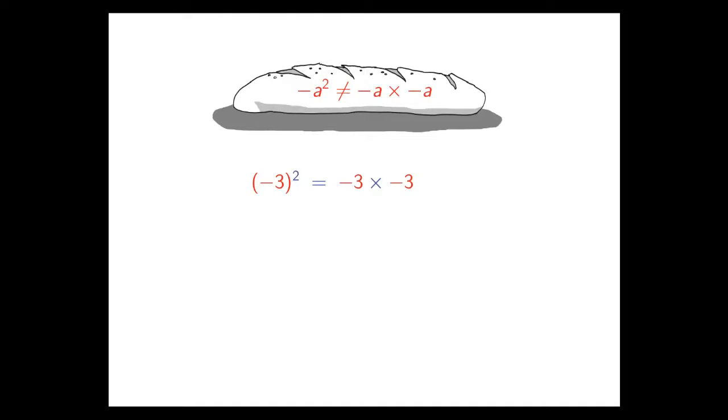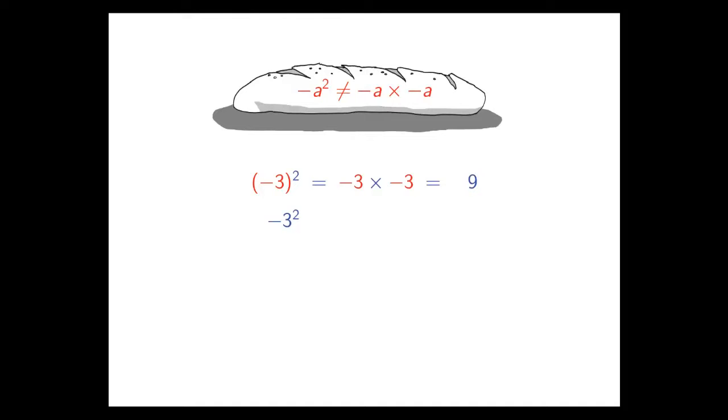So in that case we take minus 3, multiply it by itself. 2 minuses multiplied together make a plus, so we end up with positive 9. Now compare that to the statement you see here, minus 3 squared. It is tempting to think that the minus is attached to the 3, and therefore we are still squaring the number minus 3.